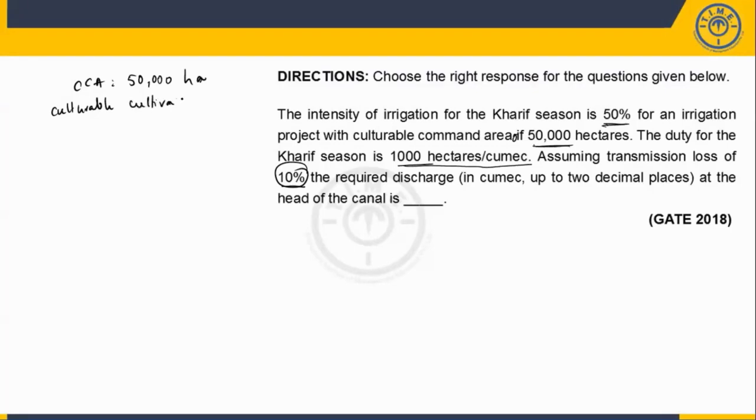That is, out of the cultivable area, how much area can you cultivate, or grow the crop on? It's 50 by 100 into 50,000, which is 25,000 hectares.